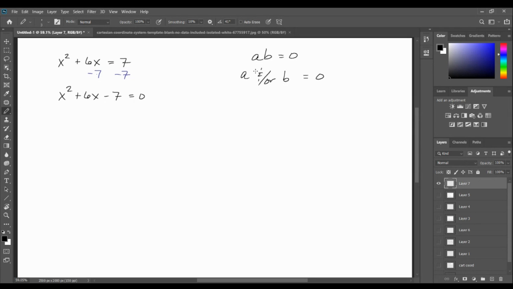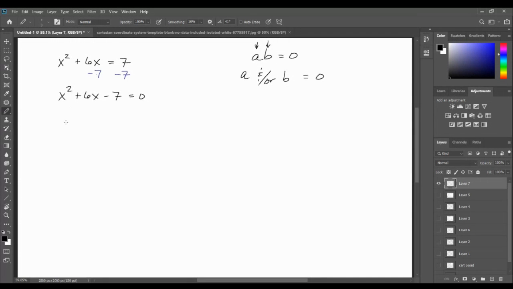One of those does. And so if I can have everything equal to 0 and change this equation around so that I end up with two factors, one thing times another, at least one of those equals 0, and so I could set them both equal to 0 and solve for the variables.